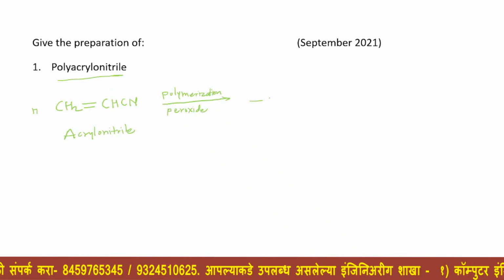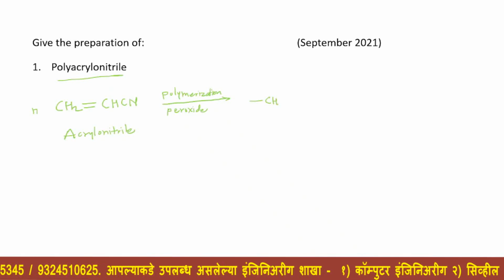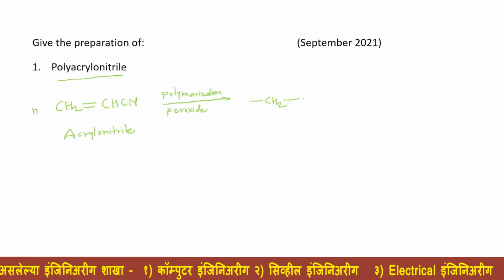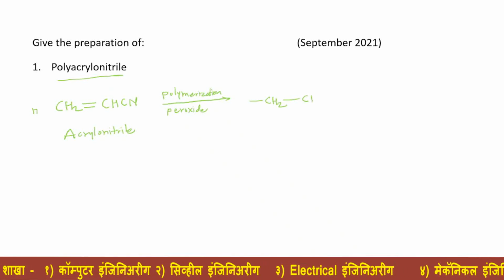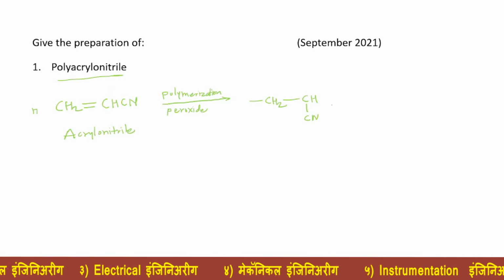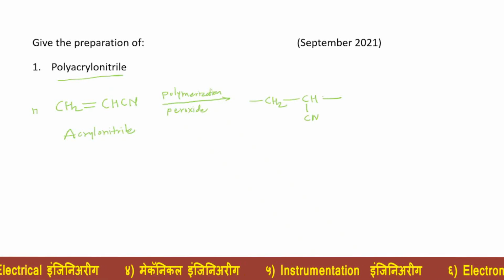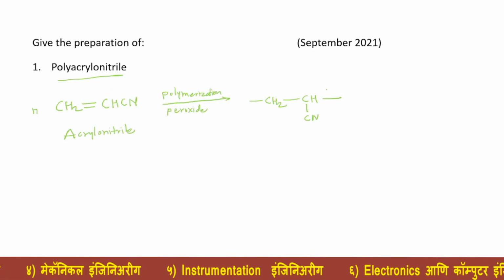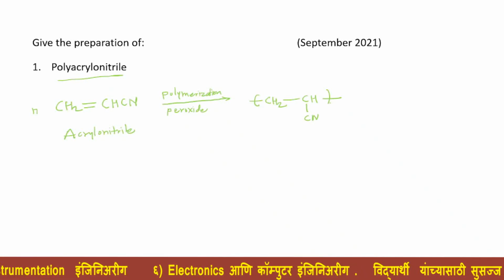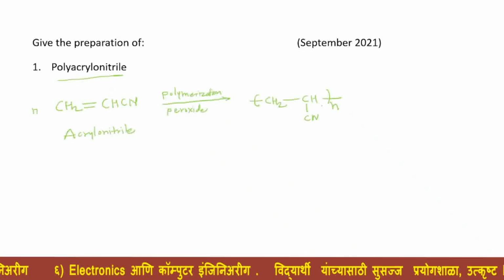So the structure will be simple like this: CH2, the double bond breaks which makes a single bond, CHCN, and this is in continuation of a long chain with n number of repeating units.